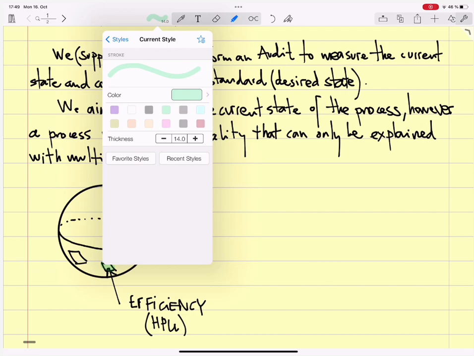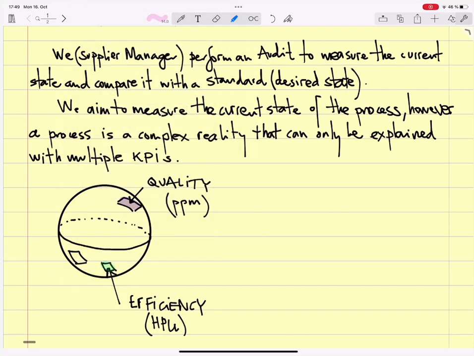HPU means hours per unit, to measure efficiency, or you can measure cost. And you measure euros per unit, and so on and so forth. So you can look at a process from different perspectives, right? And by looking at the process from different perspectives, you explain the process as a whole. You have a shadow of the process.